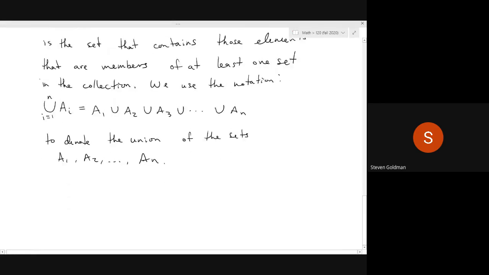All right, let me give you now the definition for the intersection of a collection of sets.